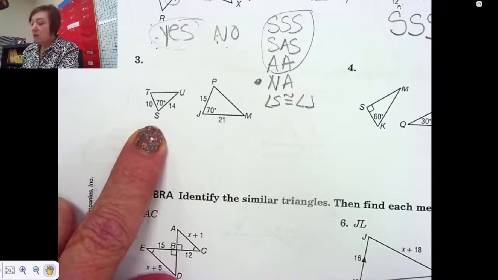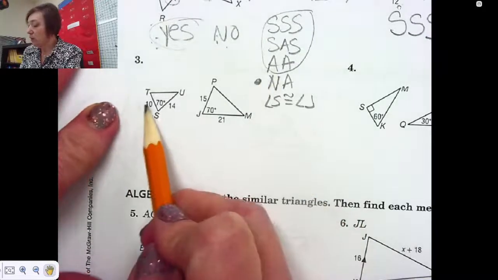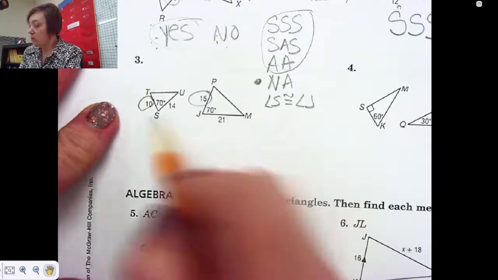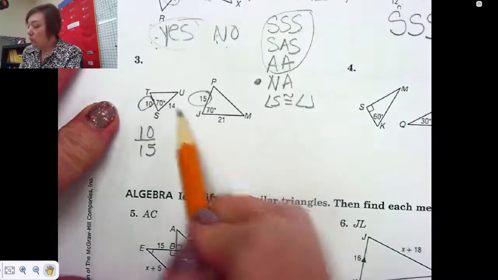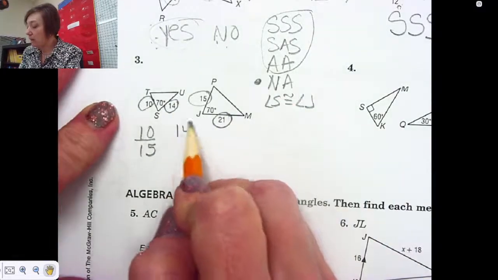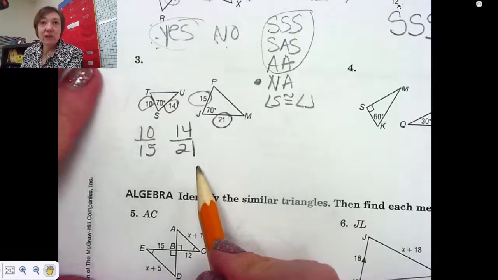So then we're going to set up our proportions for the sides. The short side on this one to the short side on that one, so 10 over 15. Then the long side on this one to the long side on that one, 14 over 21. Now we just simplify and see if we get the same numbers.